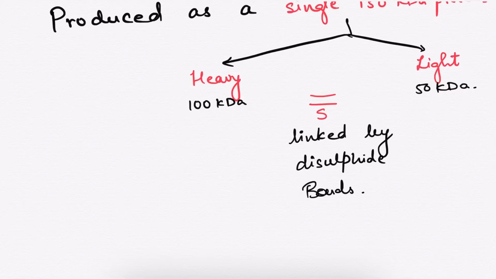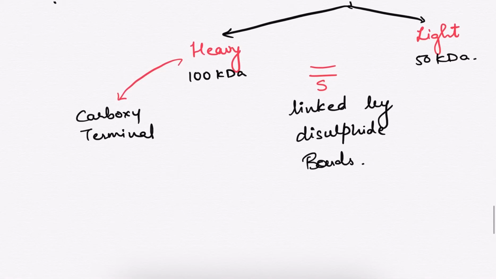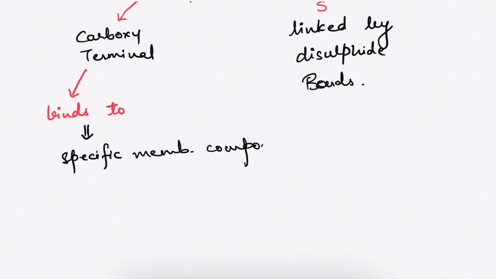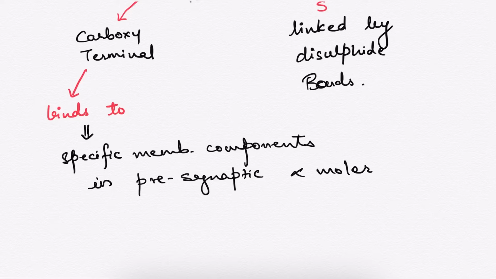Now the carboxy terminal of the heavy chain binds to specific membrane components in presynaptic alpha motor nerve terminals.